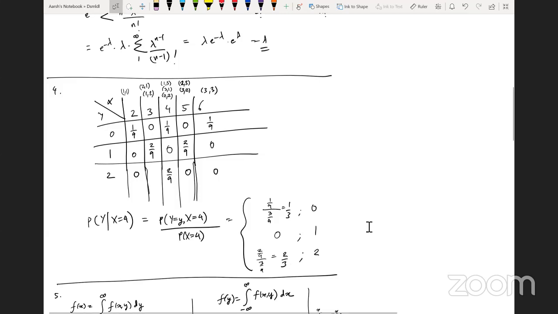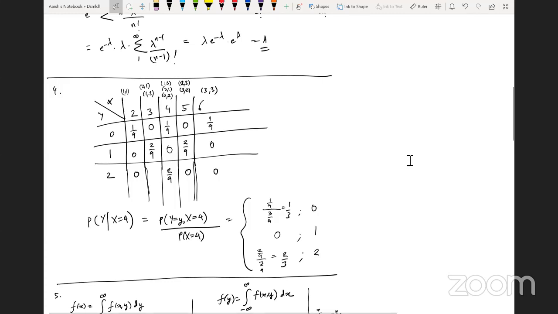I meant to write the PMF, but I've written distribution here. So what I've written here is the PMF, and from this you can find the distribution. Does that answer your question? So we are trying to find the PMF, the mass function. So basically, y can take all the possible values given x equal to 4, and we are trying to find the probabilities. Yes.